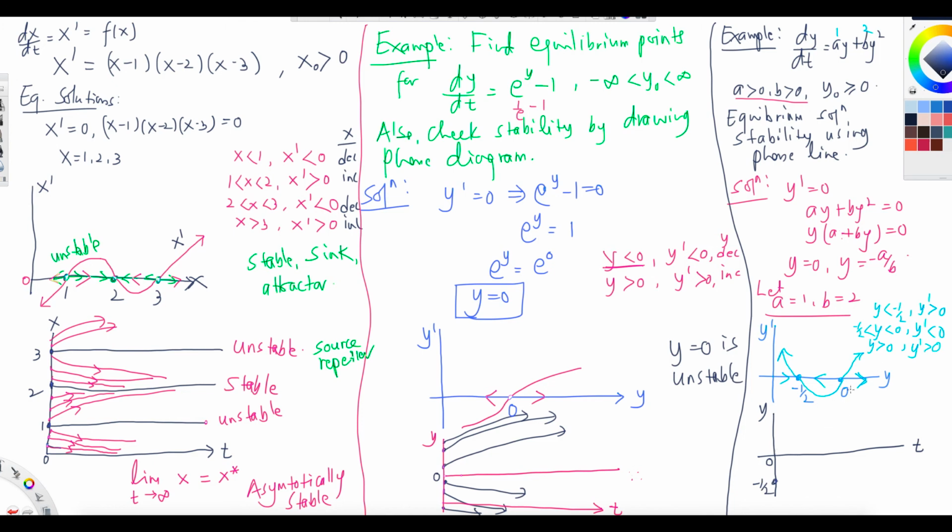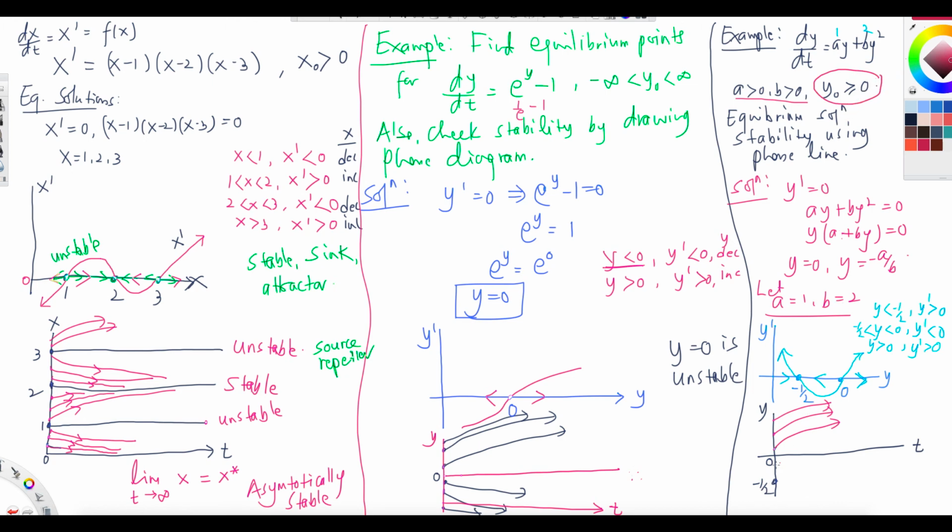Anything that starts greater than 0 will move away, because it is increasing, like this. At 0 it is a horizontal line. The question is asking you to consider y0 greater than or equal to 0 only.